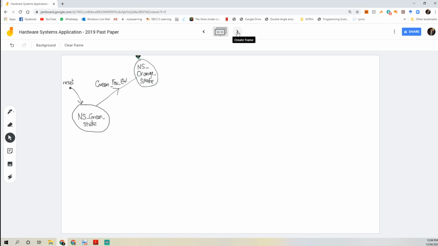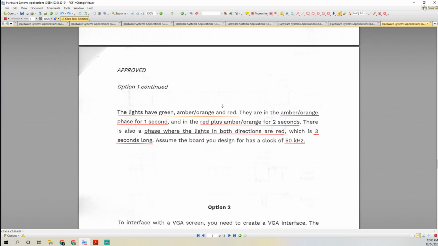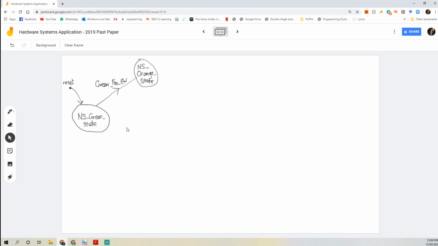All right. Then it says that the lights are in the amber orange phase for 1 second. So in other words, what that means is that for us to transition from north-south orange to north-south red, 1 second should have passed.